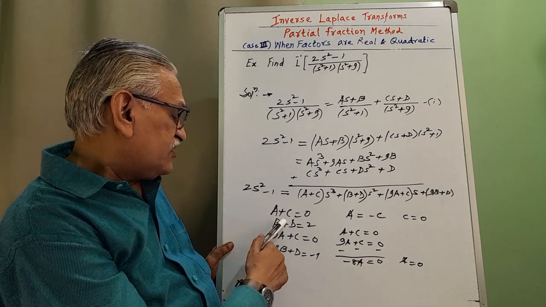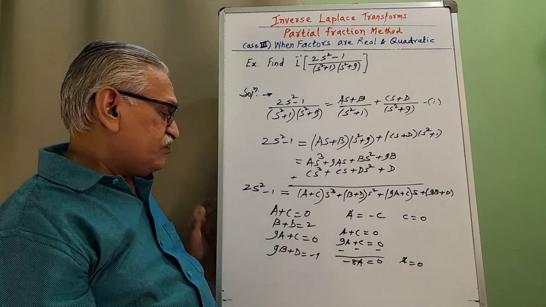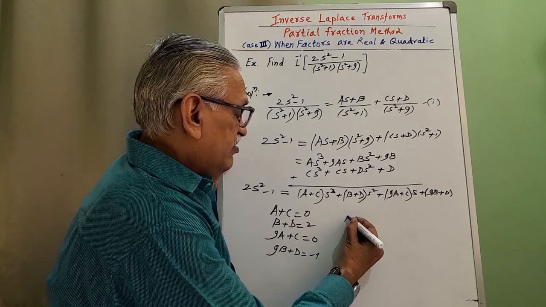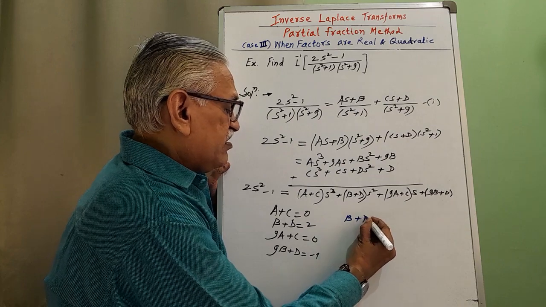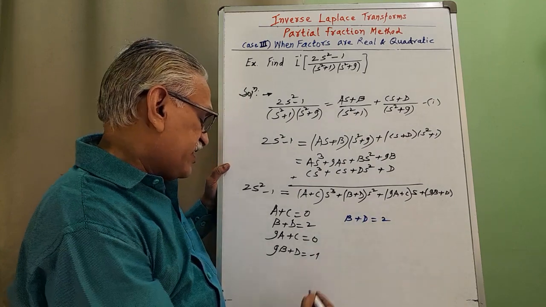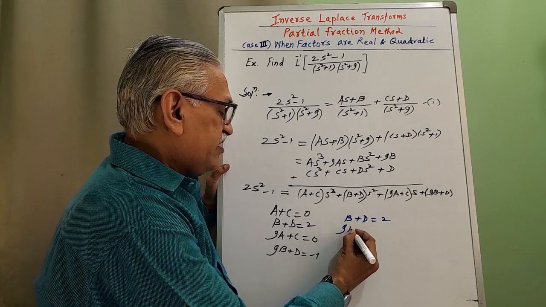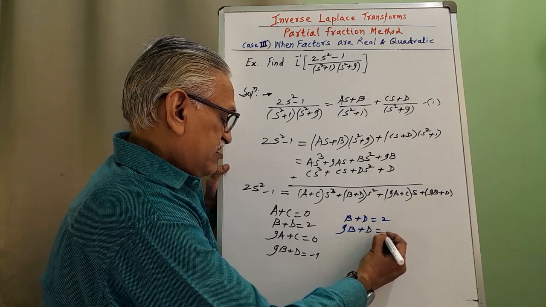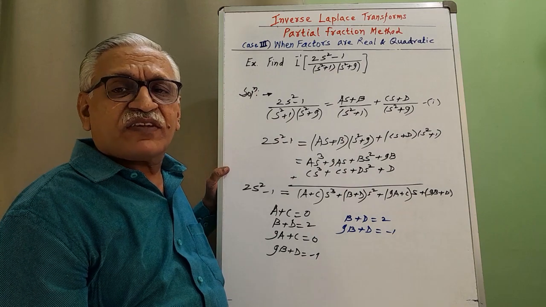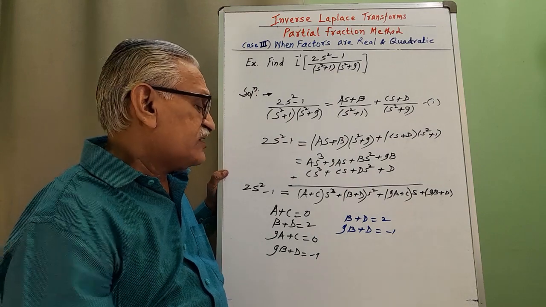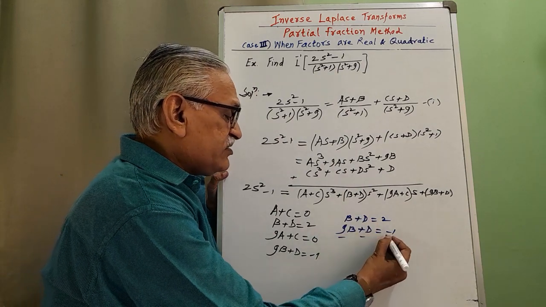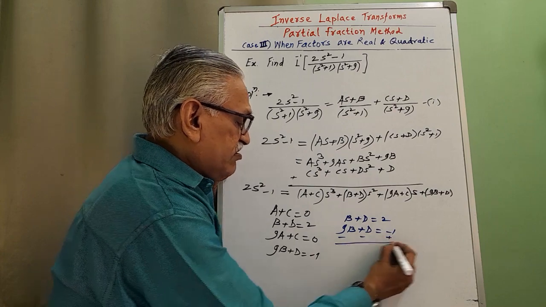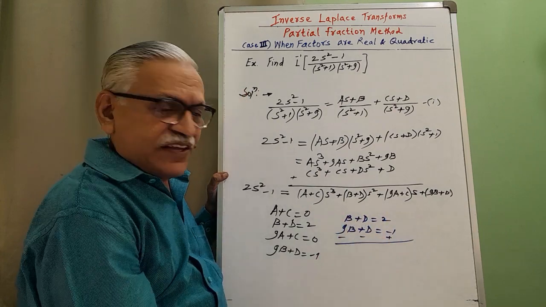Then solving these two, we get B + D is equal to 2, and the second one 9B + D is equal to −1. And then subtracting, D minus D get cancelled.